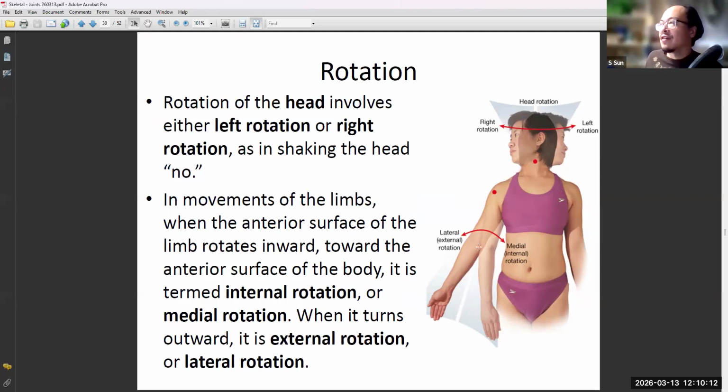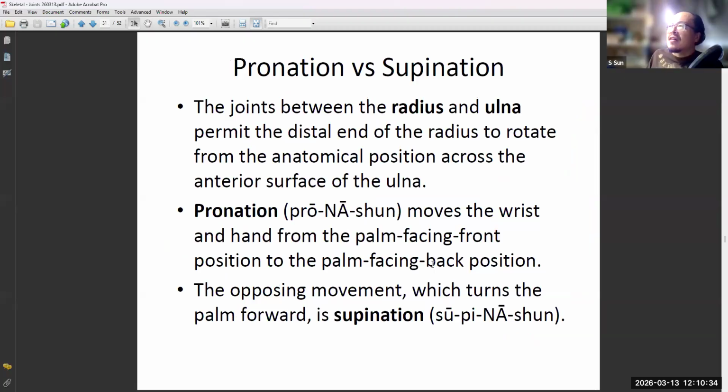In the limb, we can also have rotation. Internal rotation, or medial rotation, or external rotation, or lateral rotation right here. Rotate back, internal rotation. Rotate out, external rotation. In our hand, basically the arm, we can have pronation. Pronation is this.